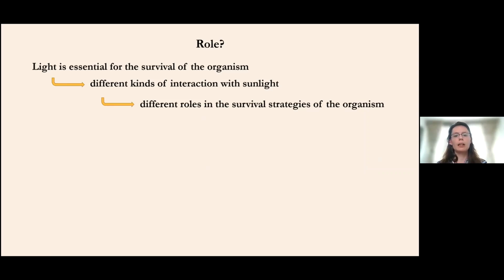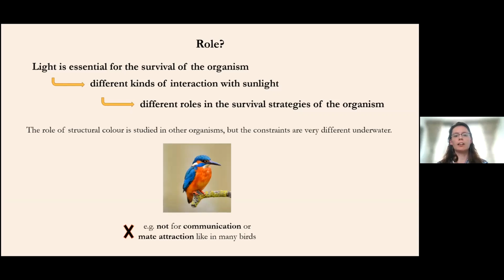And the structural color has been quite extensively studied in terrestrial organisms, but underwater you can expect the constraints to be very different. For example, a seaweed would not need to have color for visual communication or sexual reproduction, like a bird would.